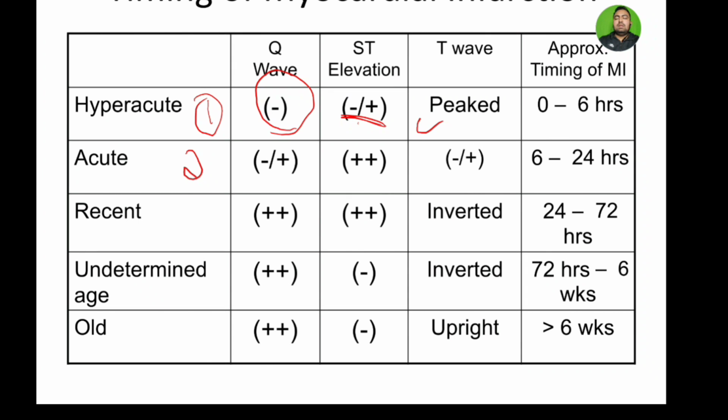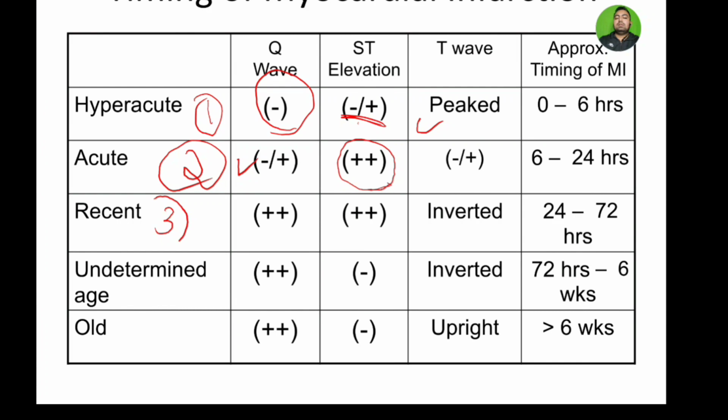The second thing is acute myocardial infarction. If it is occurring between 6 to 24 hours, then it is acute myocardial infarction. ST elevation is very significant. Q waves can be present or absent, and T wave is plus minus. Then what is recent MI?